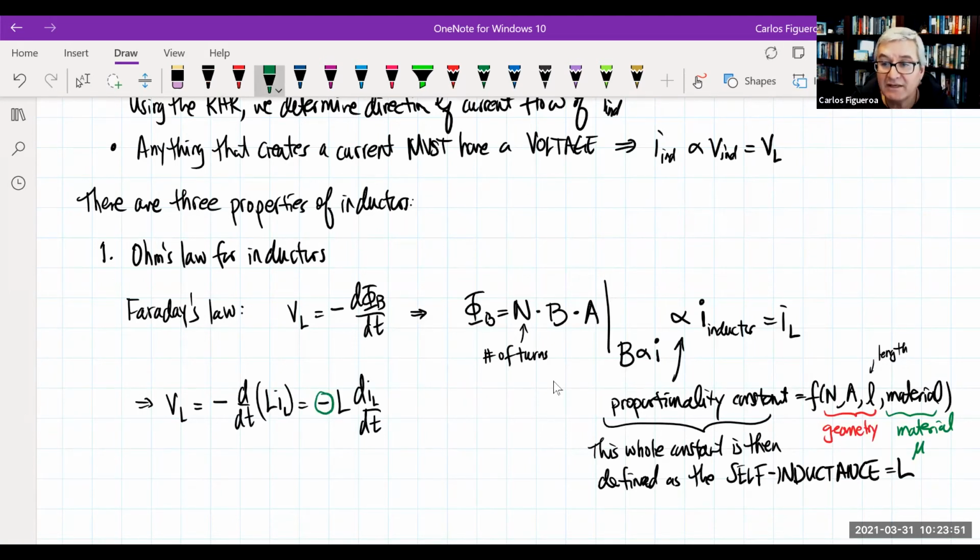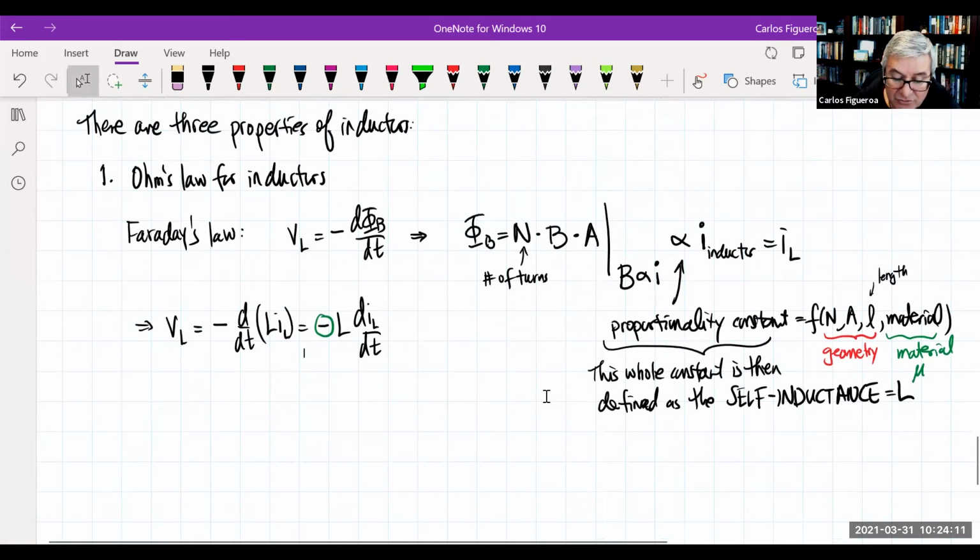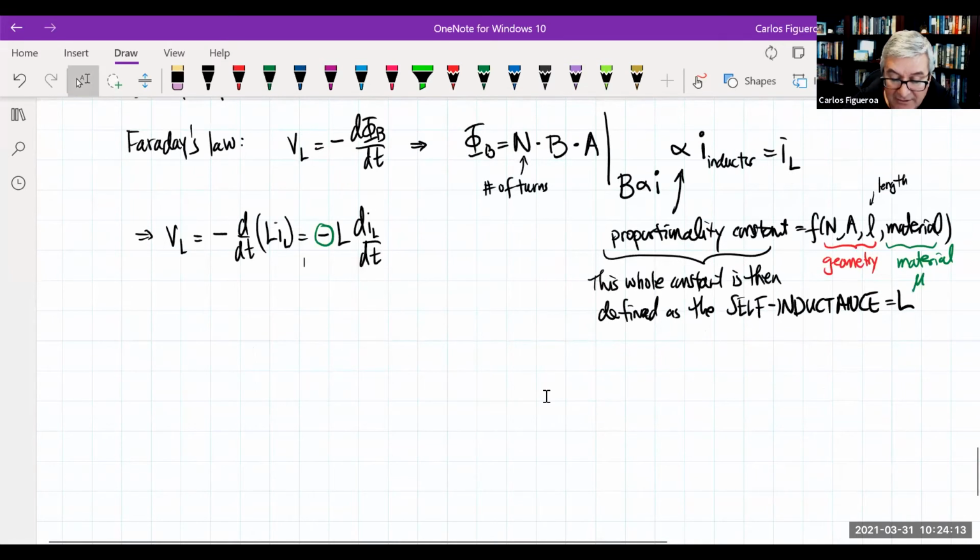One of the things that I'm going to do here is that I'm not going to deal with that minus sign as much as I want to. Maybe later on when we get into RL circuits, I might come in and tell you how some of your textbooks actually just plain out lie to you. And you have to use Faraday's law to actually look at circuits, but that's a different discussion here. That minus sign in circuits actually disappears.